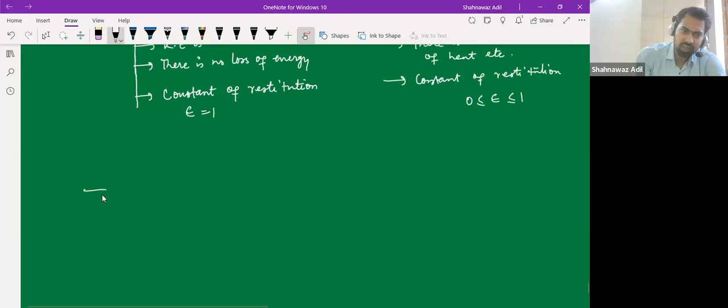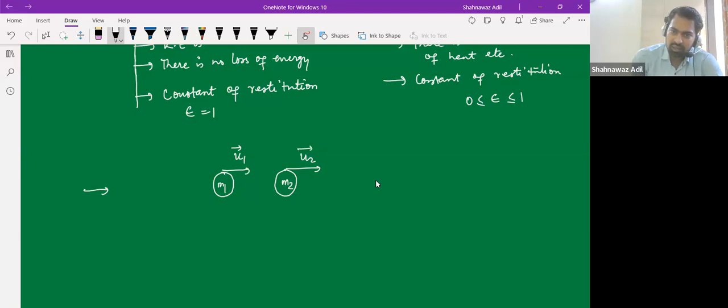In elastic collision, you have learned that you have these two objects. Let's say its mass is m1, this is m2, this is moving with velocity u1 vector, this is moving with u2 vector, and then they collide head on.